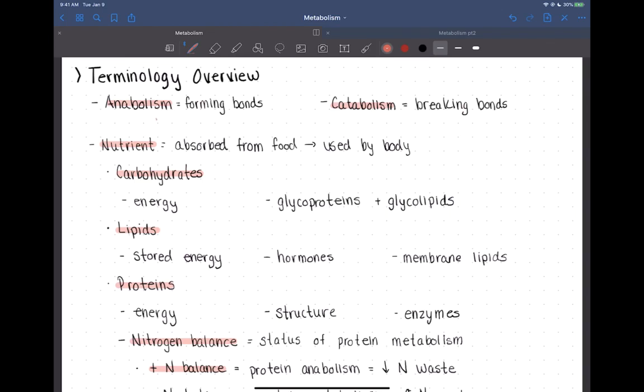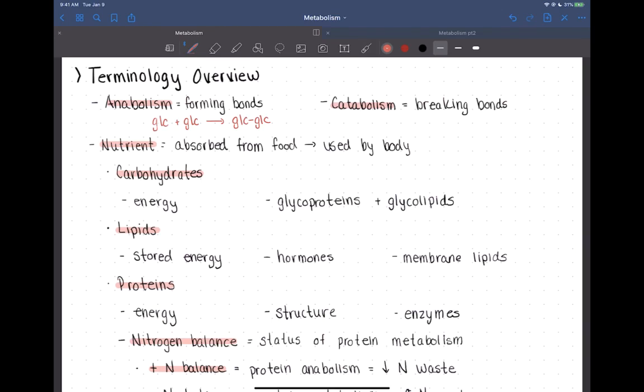So if we have, for example, two glucose molecules and we link them together to form a disaccharide, that would be an example of anabolism. That would be done through dehydration synthesis, so we'd remove a water from those to form that bond.